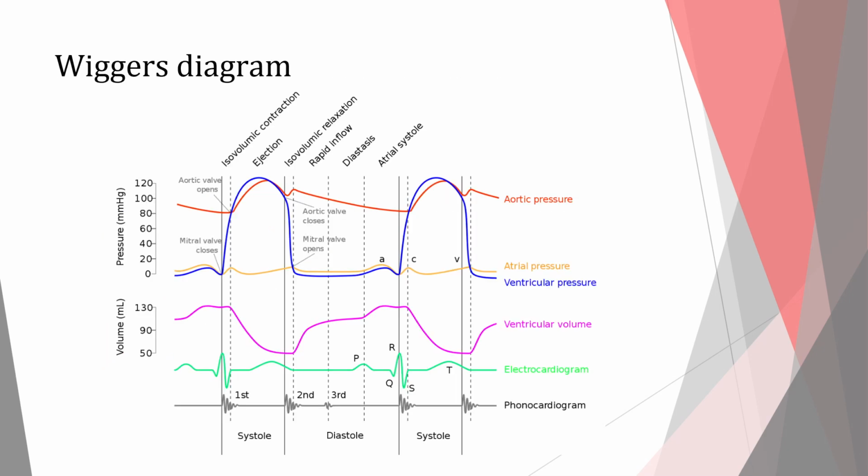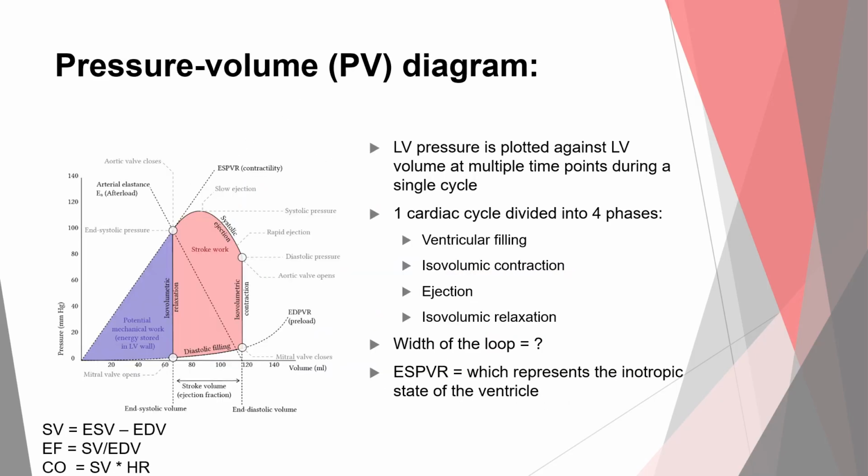Additionally, a Wiggers diagram helps put the whole cardiac cycle together in terms of electrical, pressure, and heart sounds. Combining all of these will lead to our commonly known pressure volume loops, which help explain what is normal, what is pathological, and how some of our medications help change these parameters.